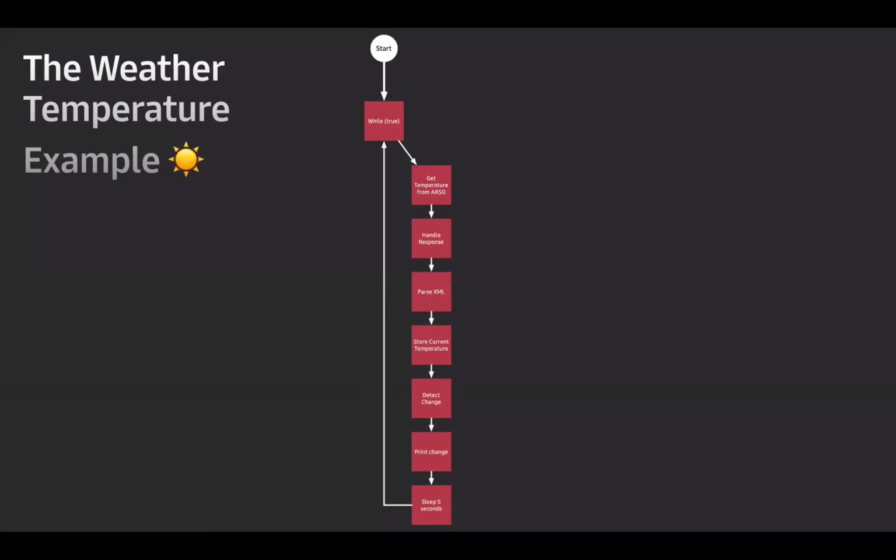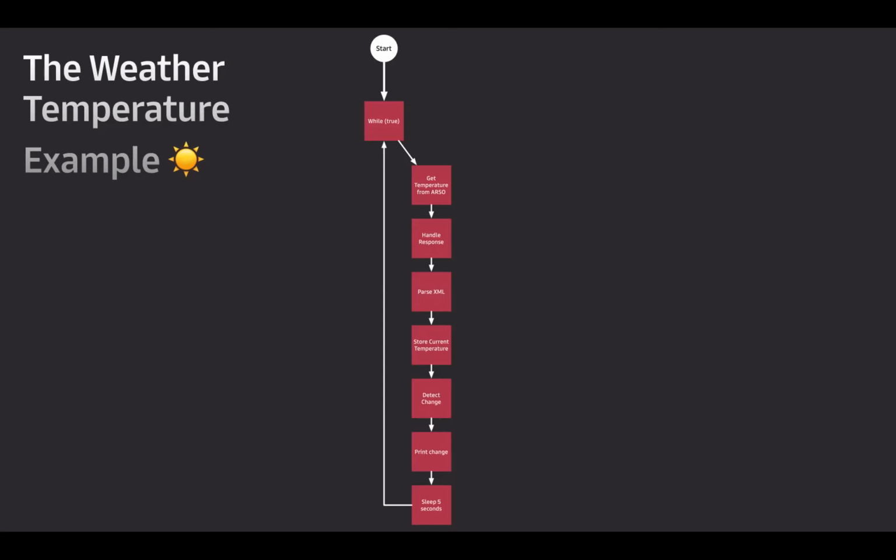So we have a client application that will try to read the temperature from a web service. It will do this every 5 seconds. So every 5 seconds, we try to read the temperature of the air in a city. We get that by calling an external web service.